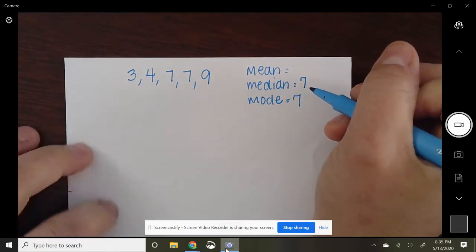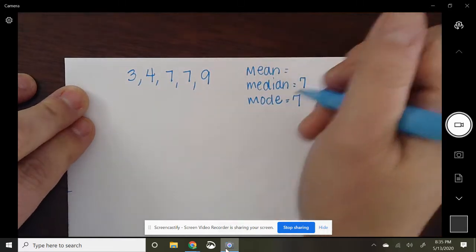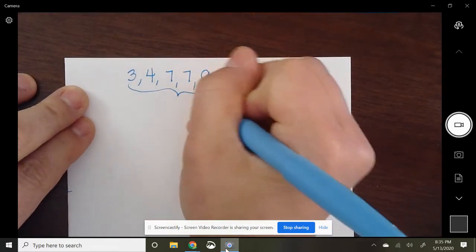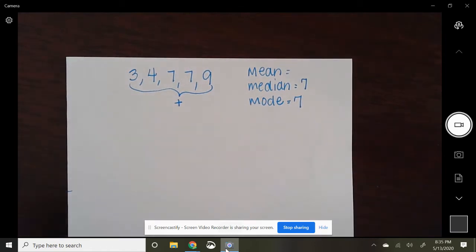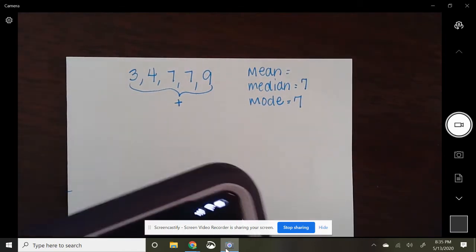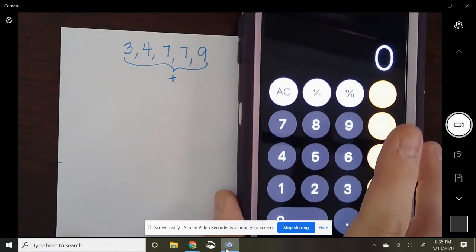Okay, now I have to do the mean, and remember it's mean to do the mean because we have to do 2 steps: add them, and then we're going to divide. And again, it's completely okay for you to use your calculator for this if that makes you feel more confident in your answers.